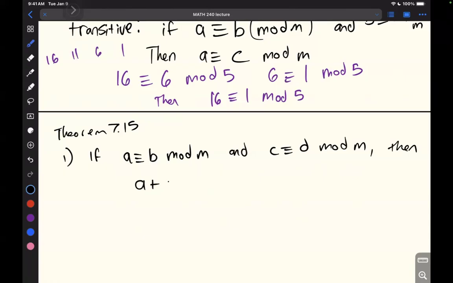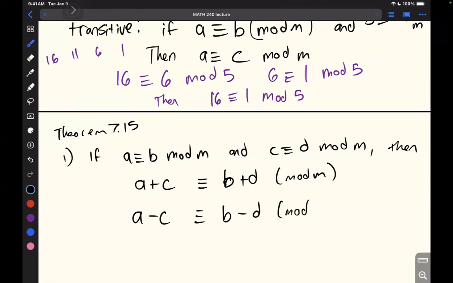So A plus C is congruent to B plus D mod M, and we can also subtract them. A minus C is congruent to B minus D mod M.